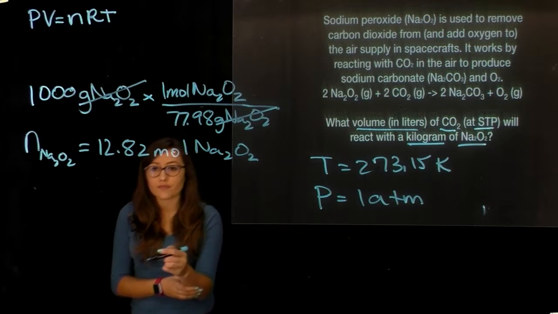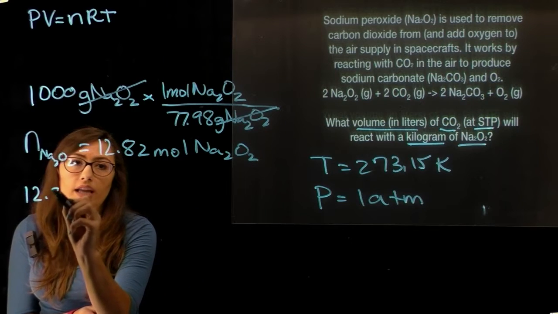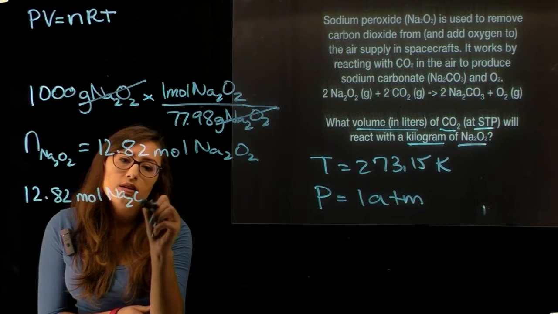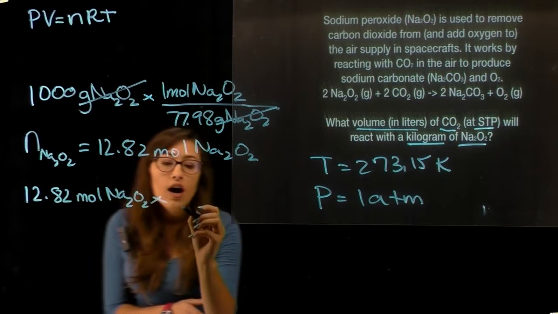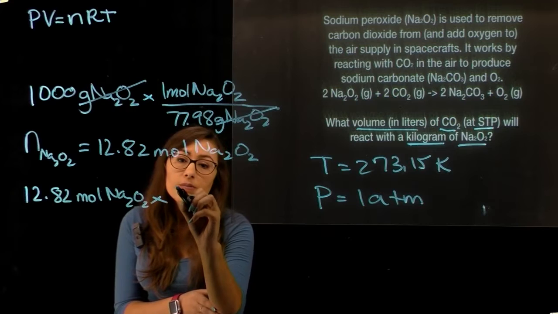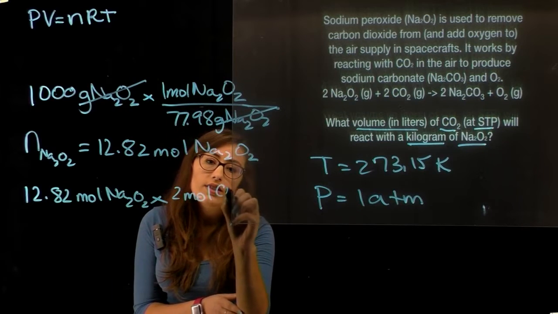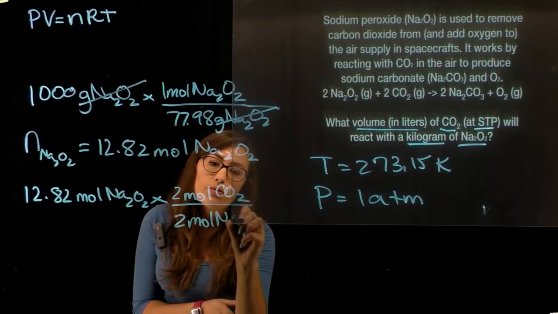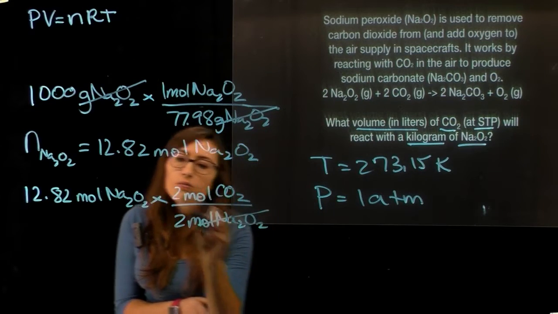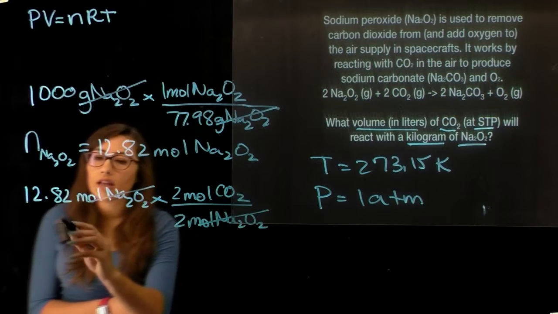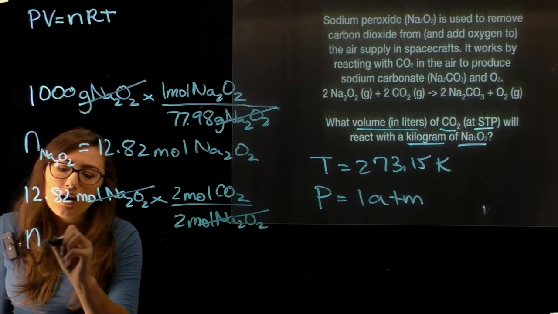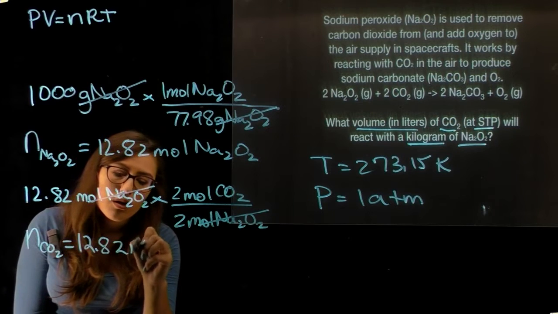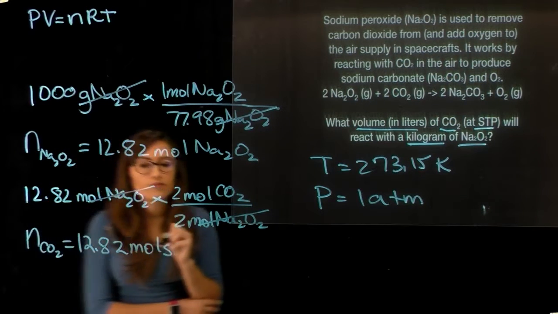So we know 12.82 moles of sodium peroxide react with, it's a 1-to-1 relationship, so 2 moles of CO2 react with 2 moles of sodium peroxide. So moles and moles cancels out, and we're left with moles of CO2 equal to 12.82 moles.